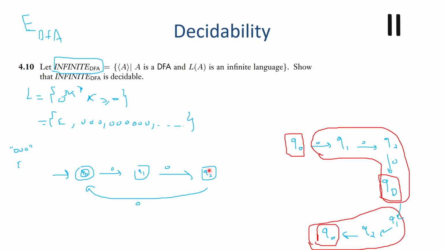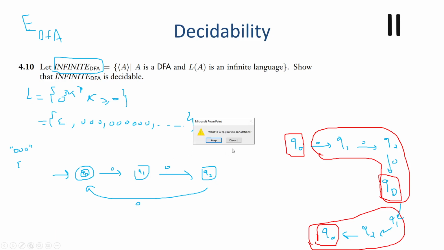I need at least length 3, where I go over here, then if I read something else, I have to go back. I need at least length 3 to accept. Or in other words, I need it to be at least the same size as the number of states that I have. So if you have a string that's at least the same size as the number of states, and you accept it, that means you must have visited some state twice at some point.